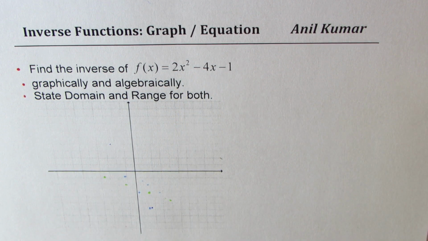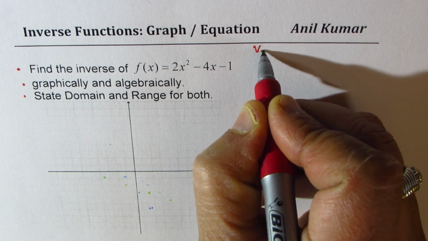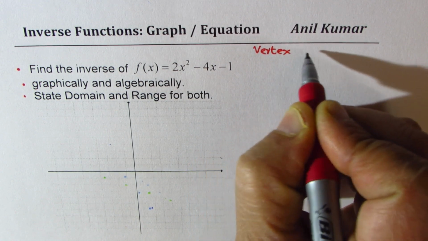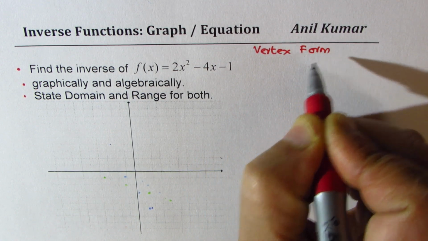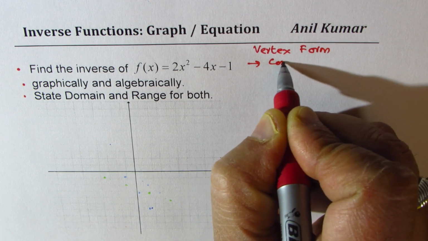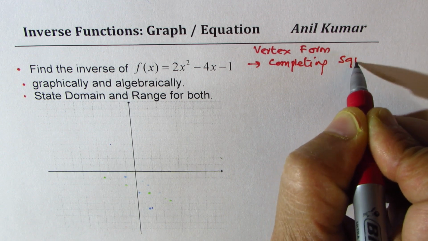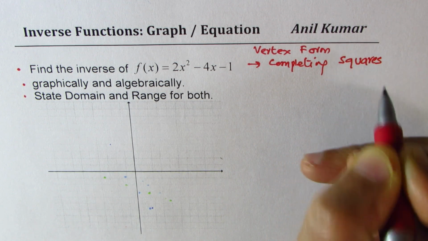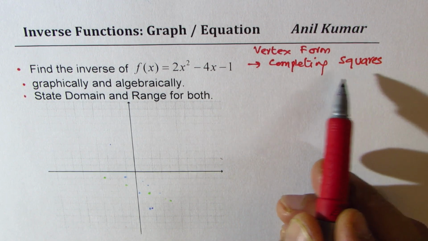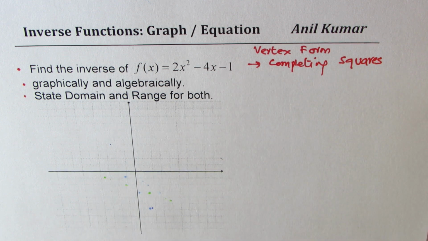So the first step here is to get it in vertex form, which could be done by completing squares. Once you have the vertex form, you can sketch easily, right?